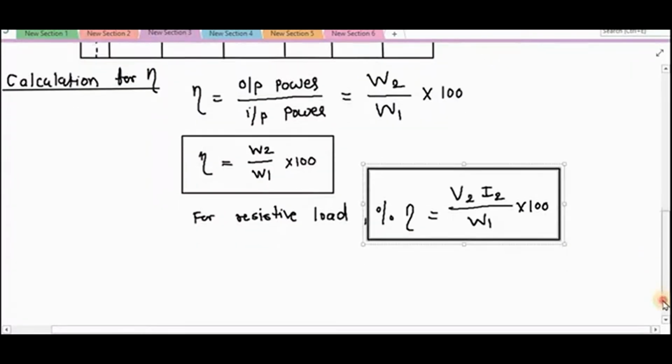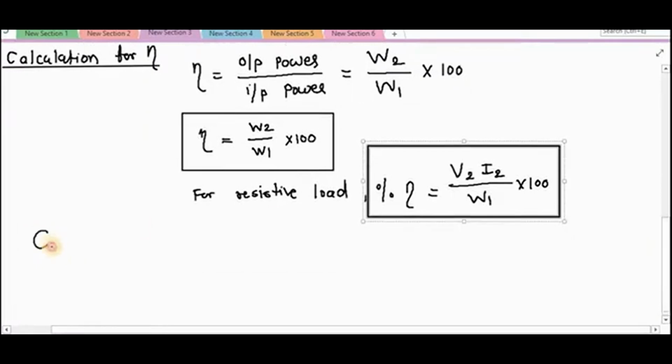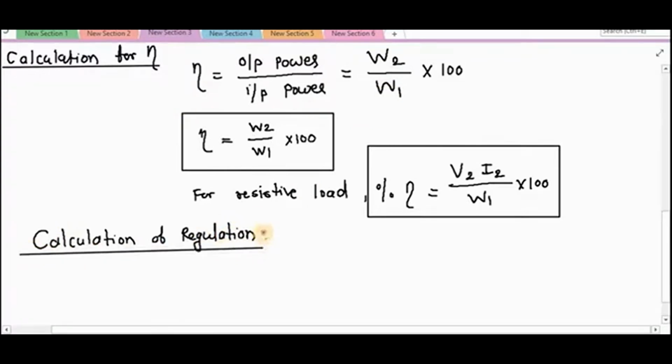Now let us see the calculation of the regulation. Under no load condition, when my secondary is open circuited, what is my current?